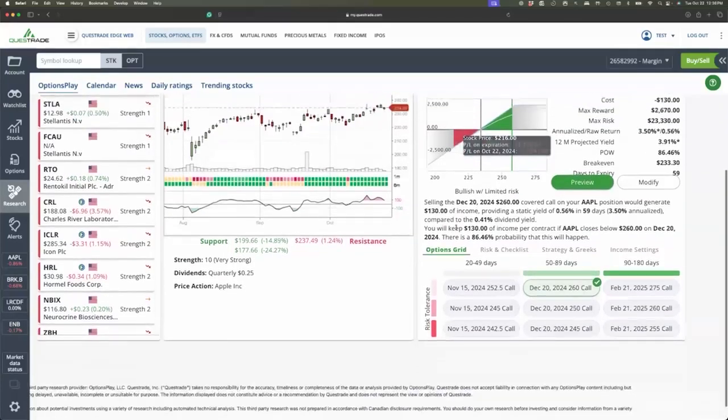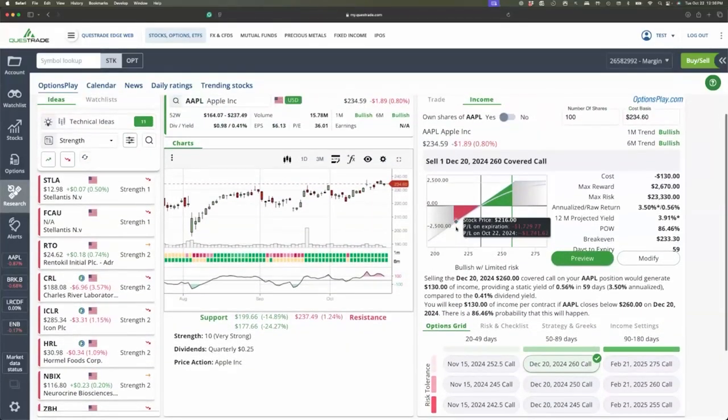Well, one of the things that we do here for you is that when it comes to selling covered calls, we tend to find that everyone has their own preferences as to how far out they like to go, how conservative or aggressive they like to be when they're selling their strike prices.